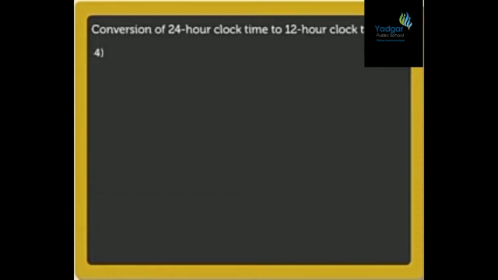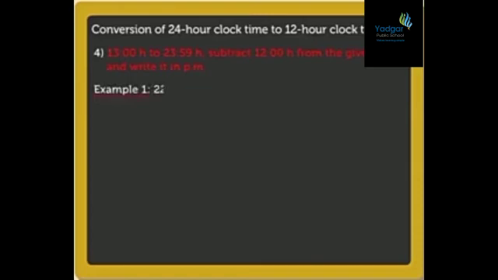4. For the time from 1300 hours to 2359 hours, subtract 1200 hours from the given time and write it in PM. Let's see how.